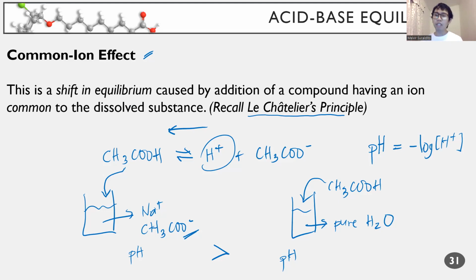You can also look at it that way, but I think the best explanation here is using Le Chatelier's principle. But what you mentioned also makes sense, because if there's already an acetate ion, then it will abstract the available protons. Right? That works too.